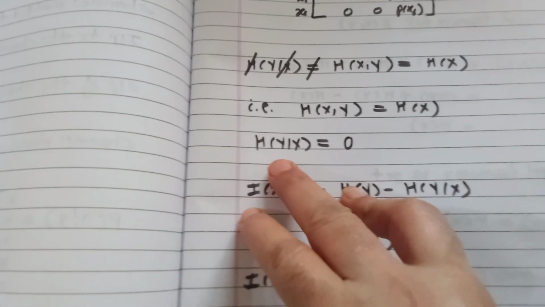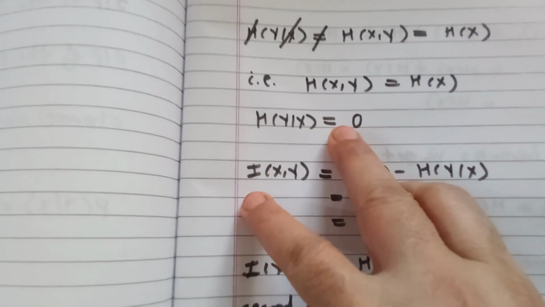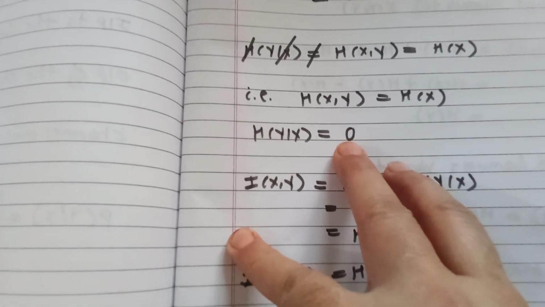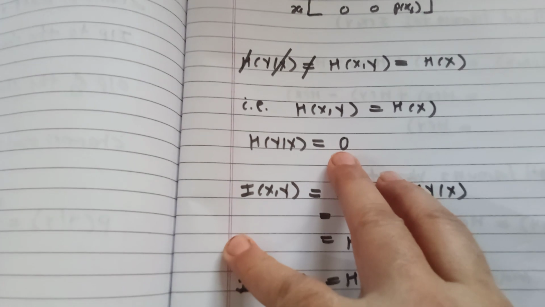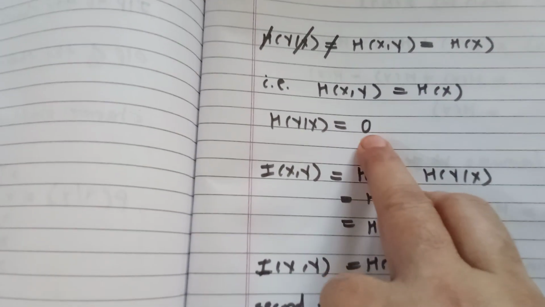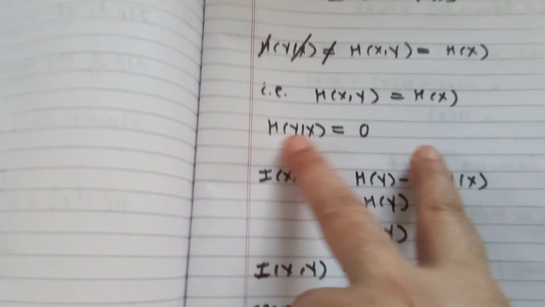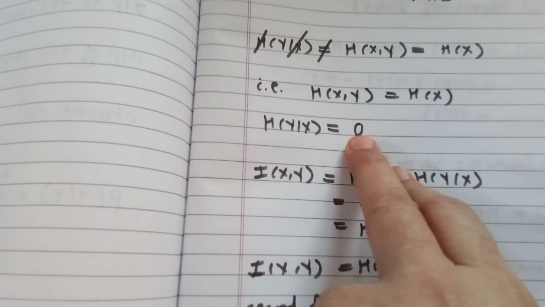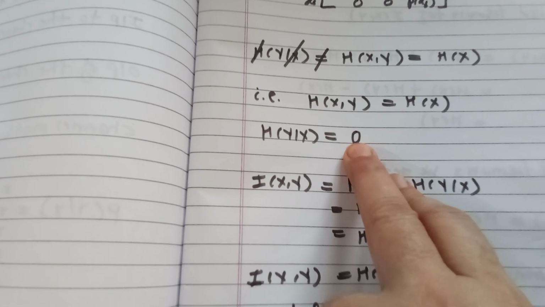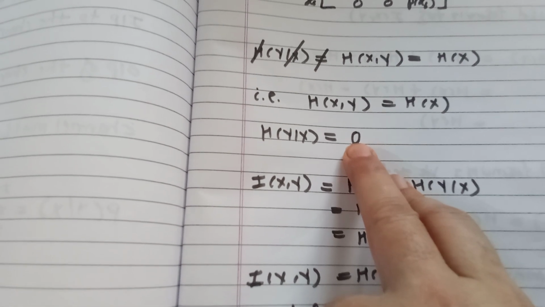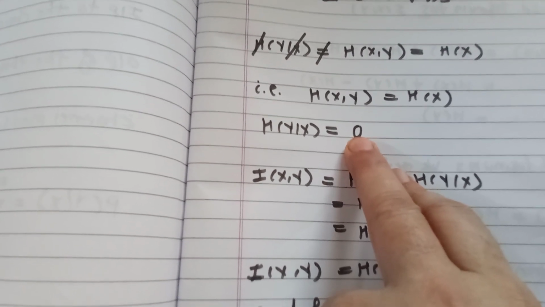One thing I want to mention here is what H(Y|X) equal to 0 means. It's somewhat difficult to understand, but I will try my level best to make you understand. H(Y|X) equal to 0 means information is equal to 0, because entropy is information. You get information equal to 0 if the probability is highest, or the probability is equal to 0.